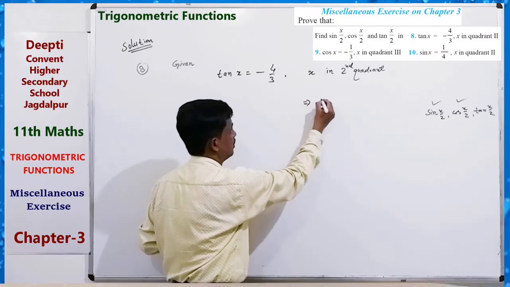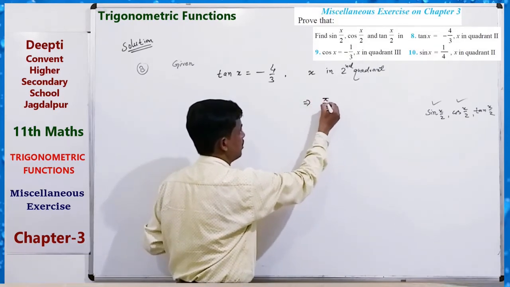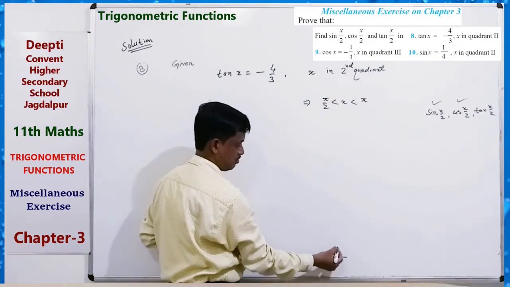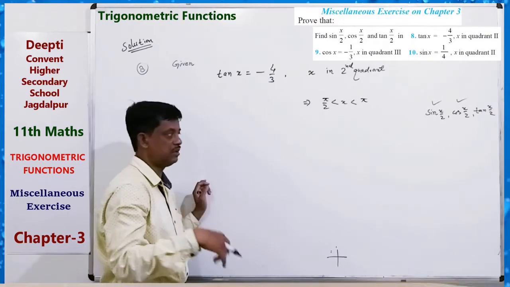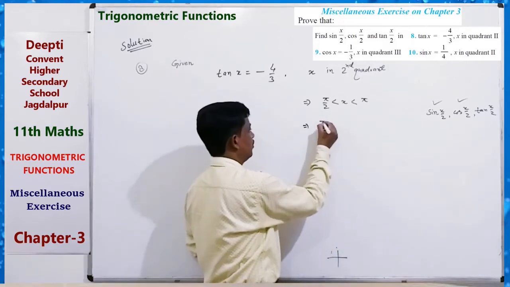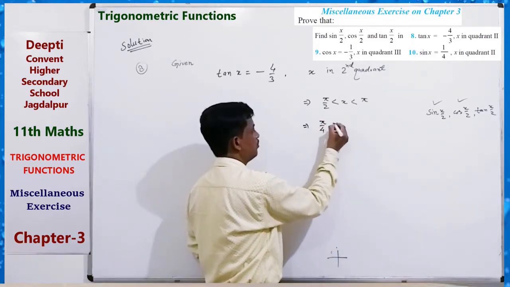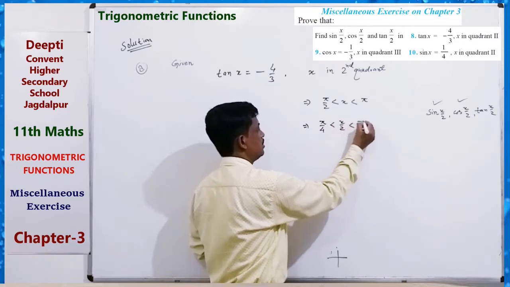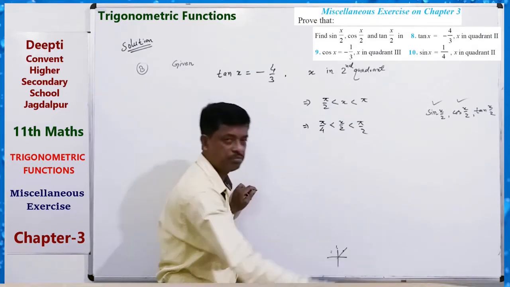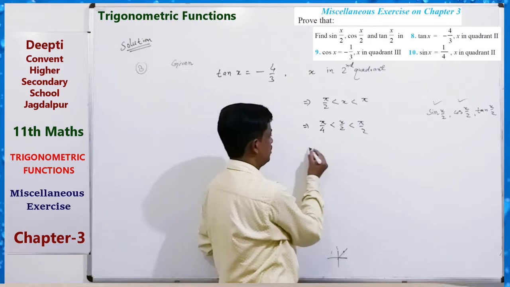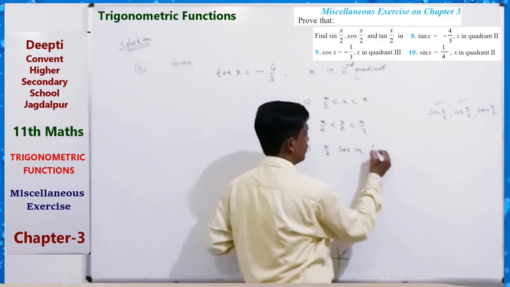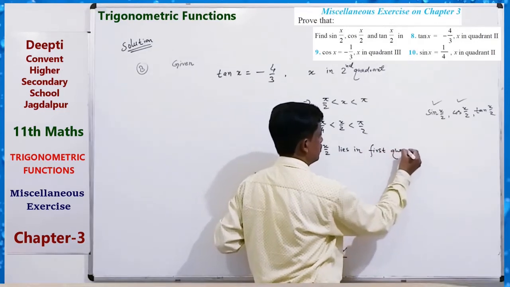Here x is in the second quadrant. That means what? Second quadrant means pi by 2 is less than x is less than pi. Between pi by 2 to pi. We require x by 2. So divide by 2: pi by 4 is less than x by 2 is less than pi by 2. That is, pi by 4 to pi by 2, this is the first quadrant. This implies x by 2 lies in the first quadrant.